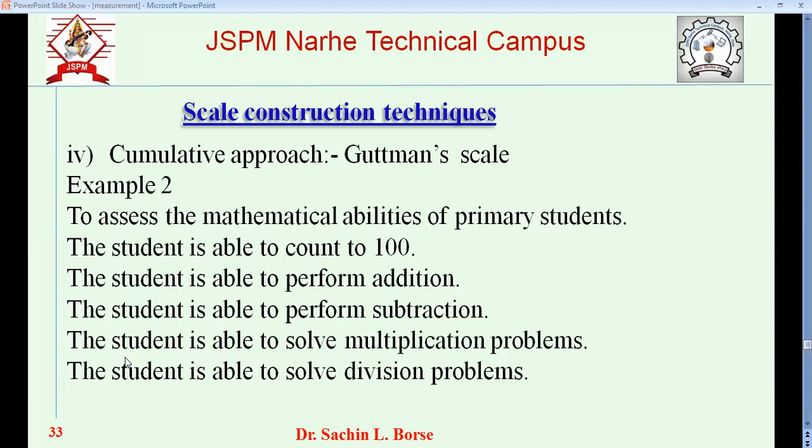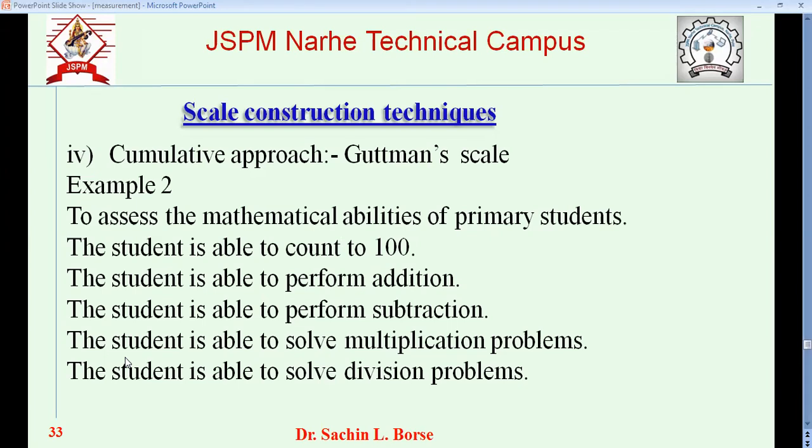Now, we'll go to another example that is not 100%. When statement number 5 is correct, it does not directly tell that all the previous statements are correct, but we assume it may be correct.